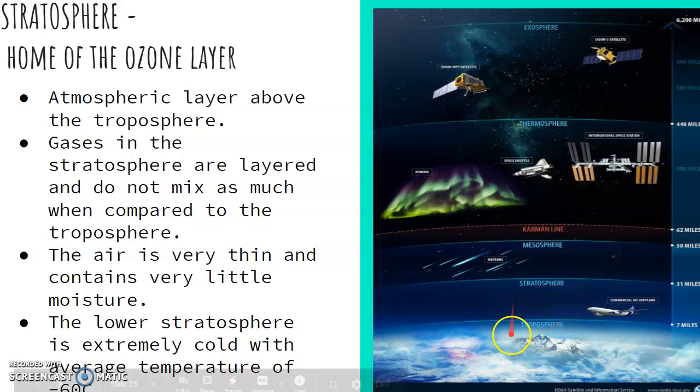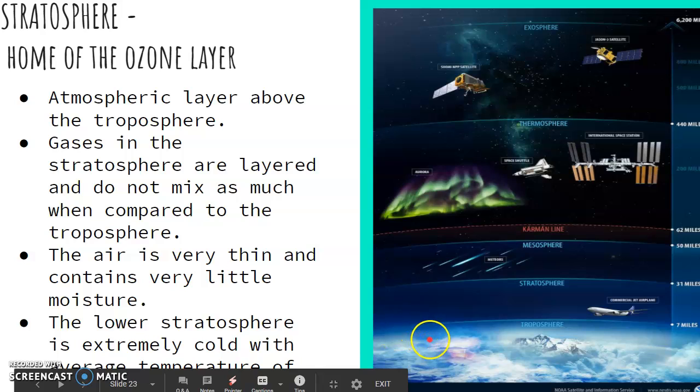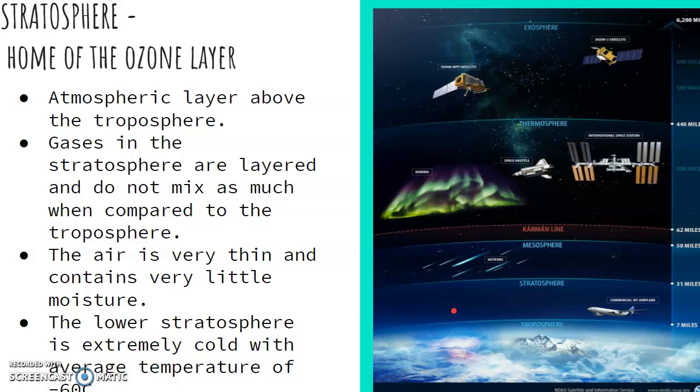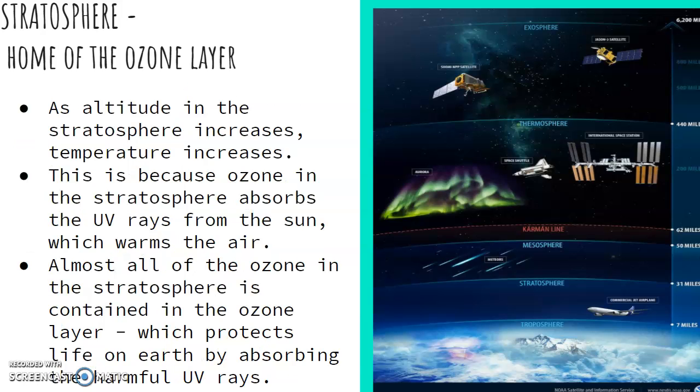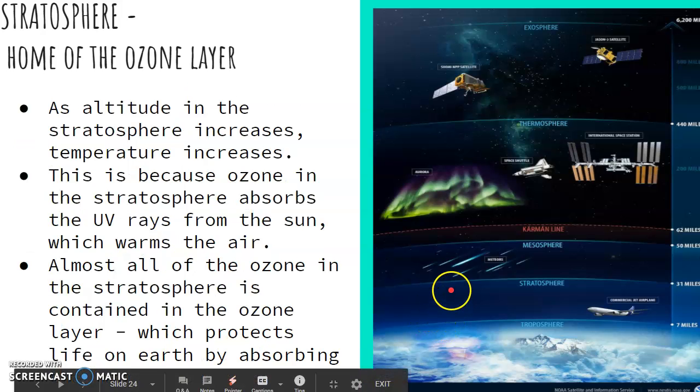And you will notice that the lower level of the stratosphere is actually extremely cold, and the average temperature is only minus 60 degrees Celsius. You can try to convert it to Fahrenheit if it's more convenient for you, but it's really, really cold.